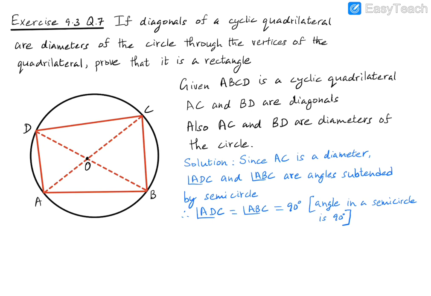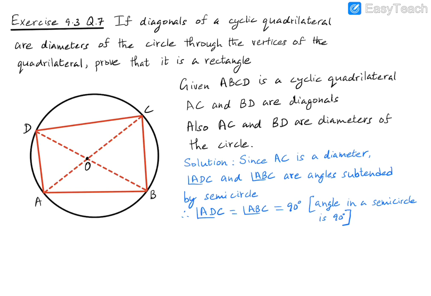Okay, so the solution is we first look at the diagonal AC, which is also a diameter of the circle. So that's our diagonal AC over here. Since it's also a diameter of the circle, the diameter divides the circle into two semicircles. And we know from a theorem that the angle subtended by the semicircle at any point on the circle is a right angle.